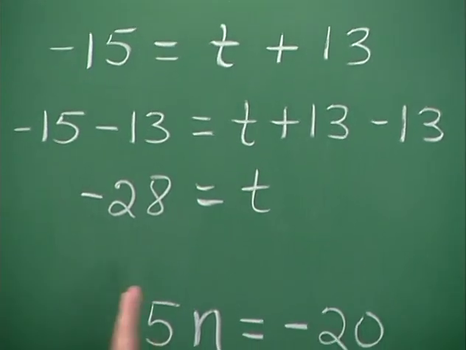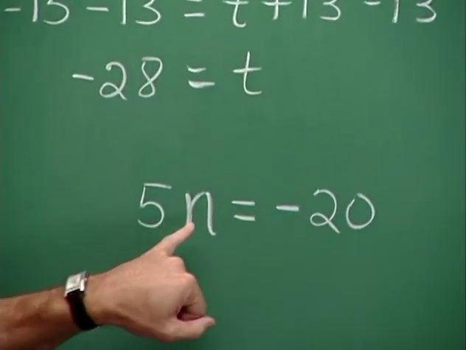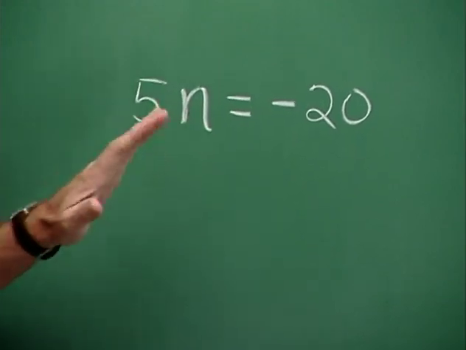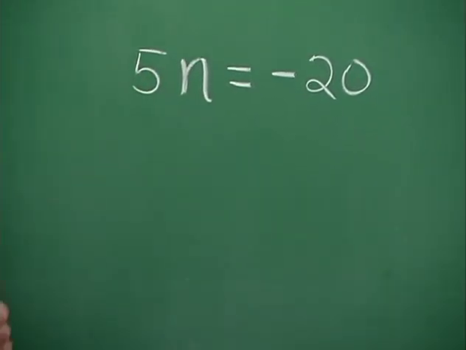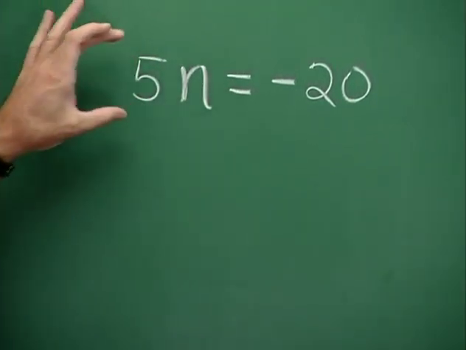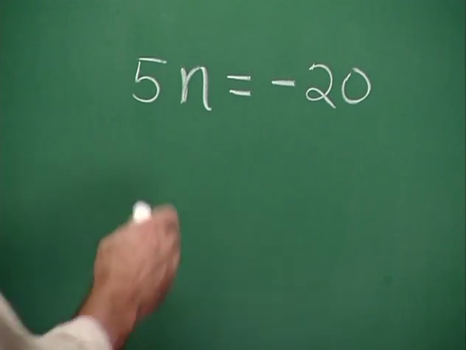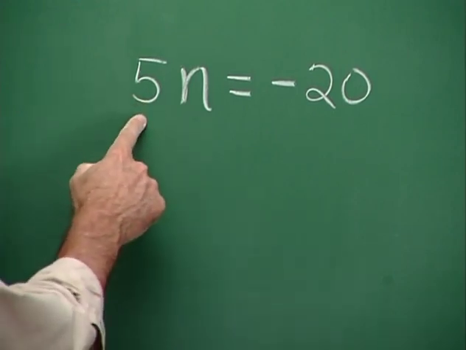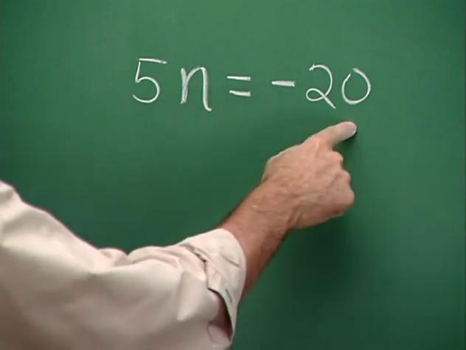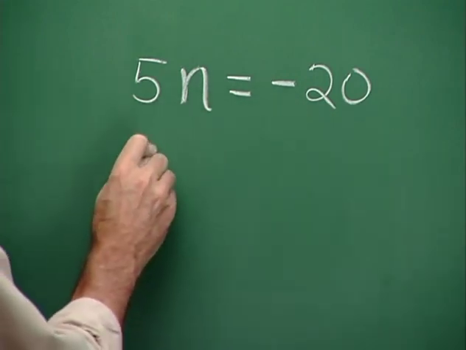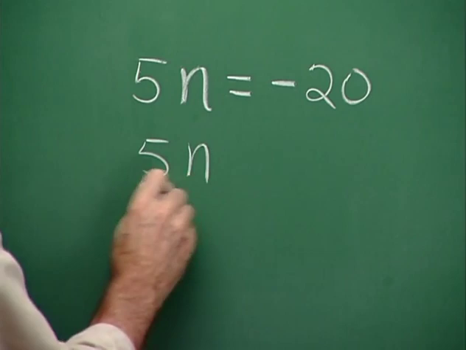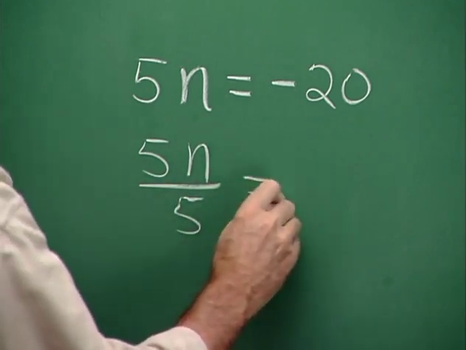Here we have a situation where a number is multiplied times the letter, and recall that to undo that situation, we divide by that number next to the letter. So here we're going to indicate that we'll divide by 5, and if we divide on the left by 5, we need to divide on the right by 5. And that's all there is to it. Here's what we want to write though, and be sure to write this step.